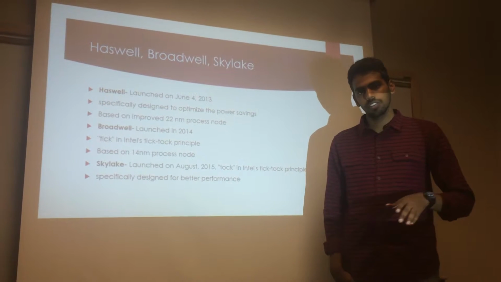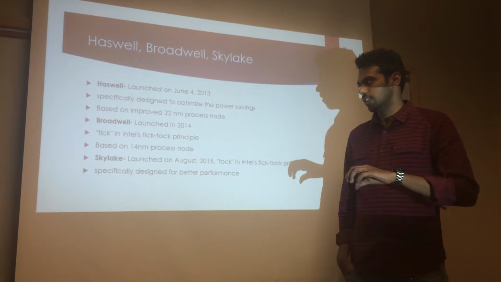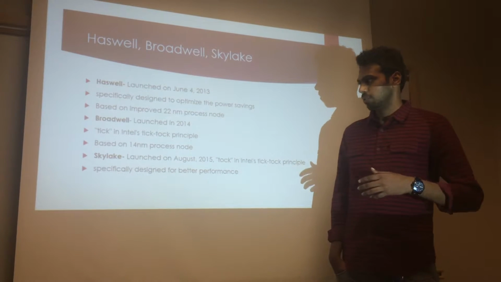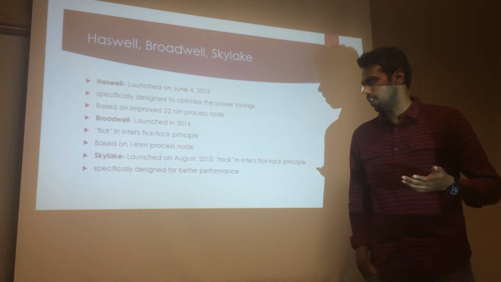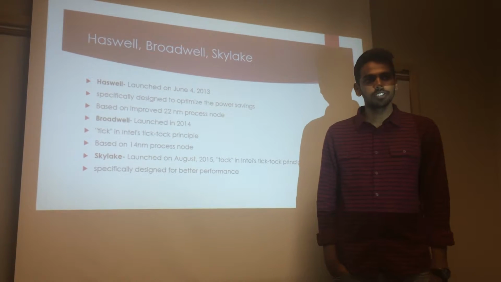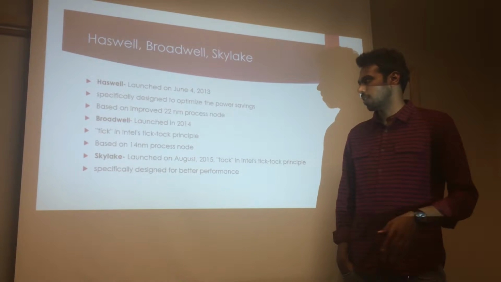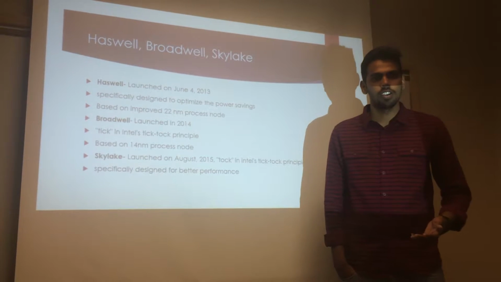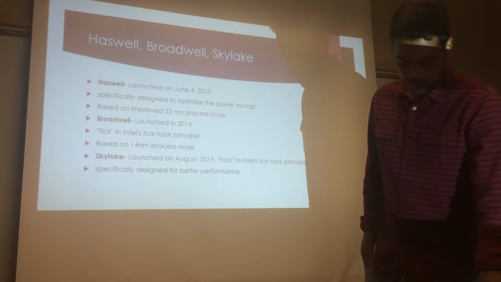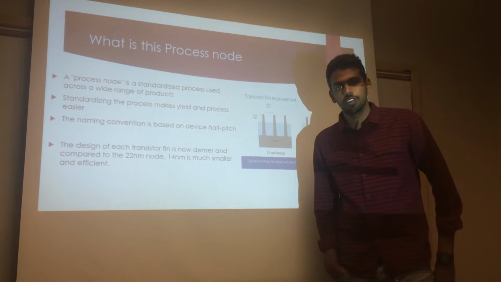So TIC was the first product released in 2014, and more developments were carried out on the Broadwell to release Skylake in 2015. Haswell was based on 22 nanometer technology, whereas Broadwell and Skylake were based on 14 nanometer technology. What is this process node which we have been talking about?